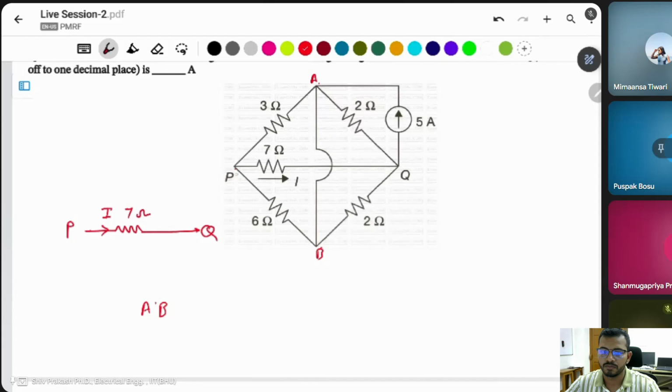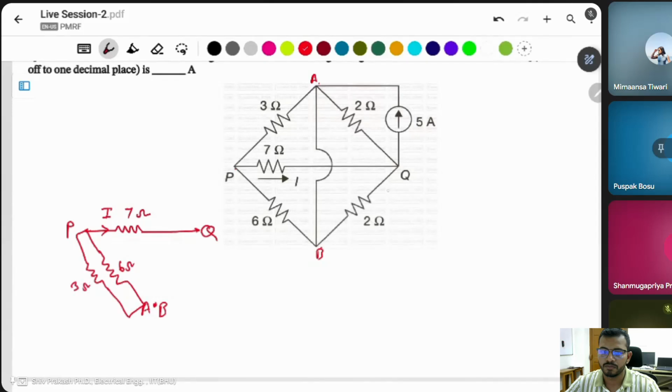Then P to B is a 6 ohm resistance. B is the same point. Then P to A has a 3 ohm resistor, and A is the same point as well.